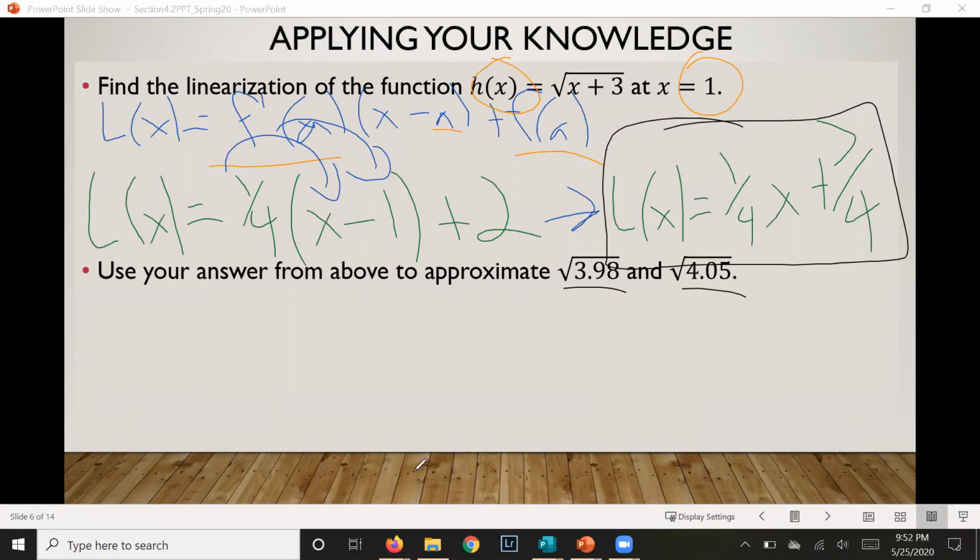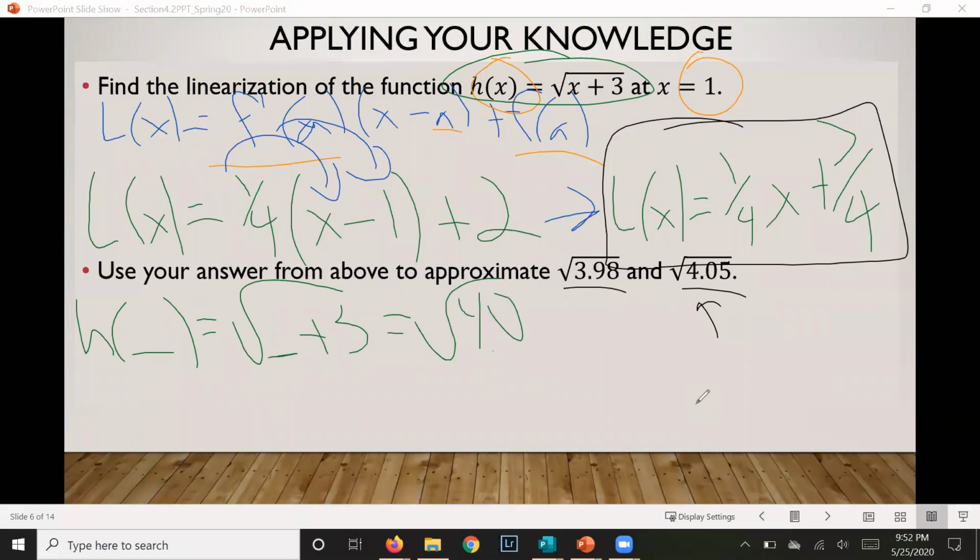Now, let's notice, and I'm going to start with the 4.05 here, that those both have roots in them, so they must be related to this function h of x up here somehow, right? Which means we'd have to plug something into the function there, and then somehow we'd get the square root of 4.05, right?